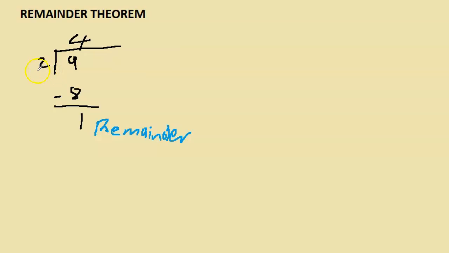The 2, we call it the divisor, right? The 9, we call it the dividend. Alright? And the 4, we call it the, is it quotient? Yes, quotient.